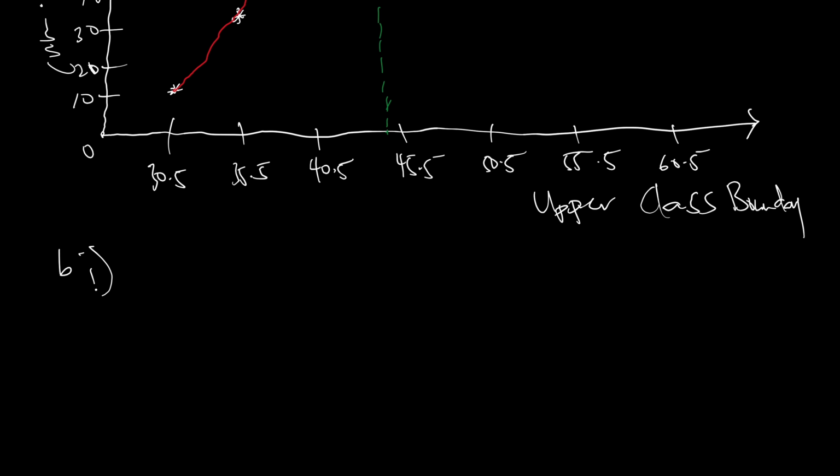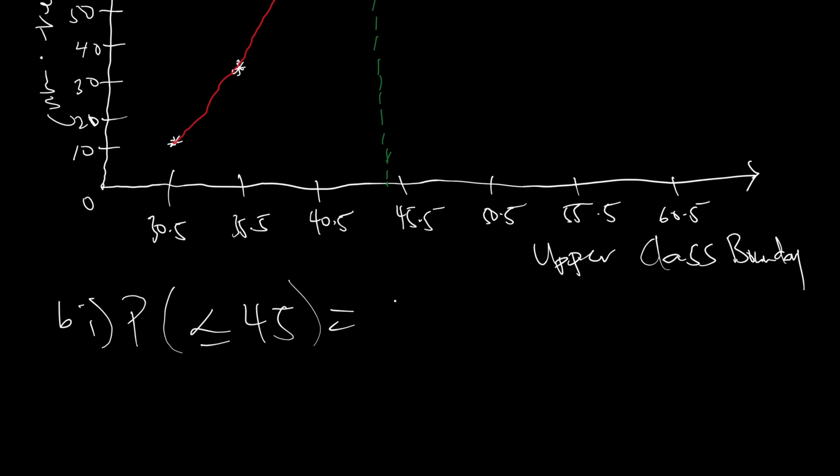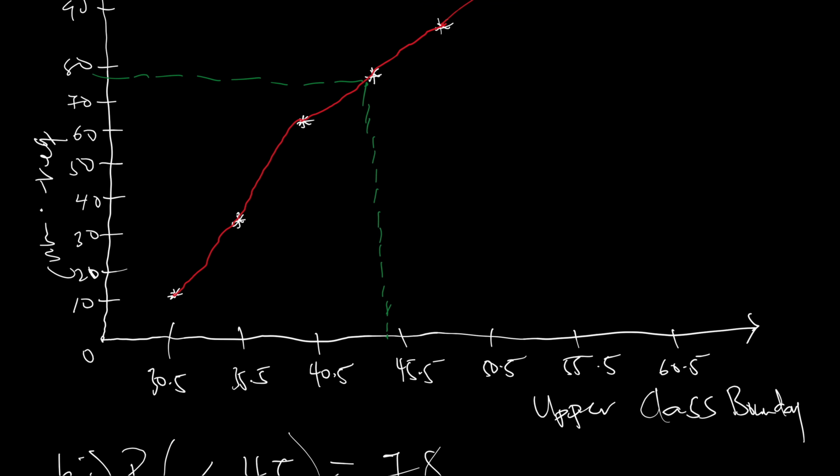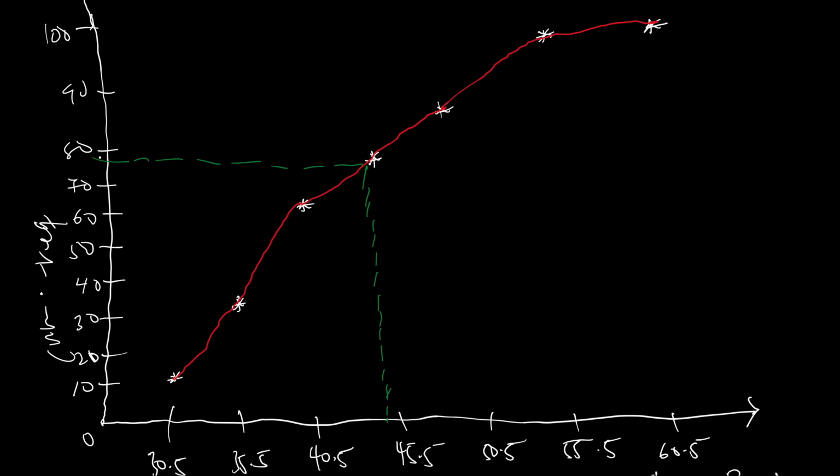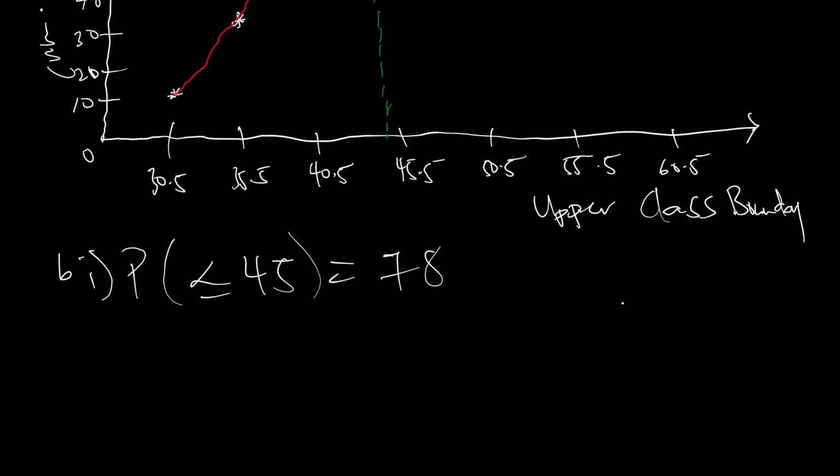So BI, the probability of selecting a worker whose age is not more than 45, less than or equal to 45, will be equal to 78, which is here. So the number of workers whose ages are below 45 is 78, over the total number of workers, which is 100. And this is the same as 0.78.